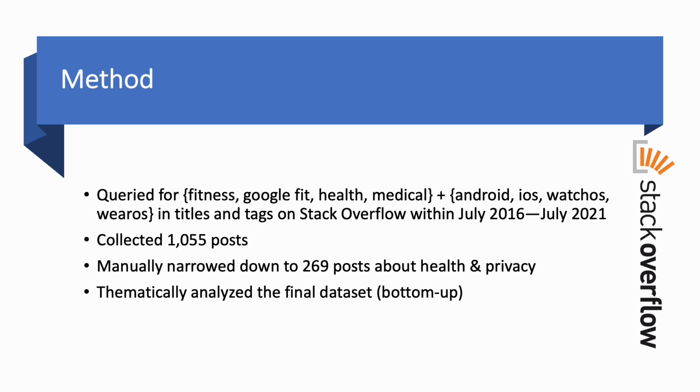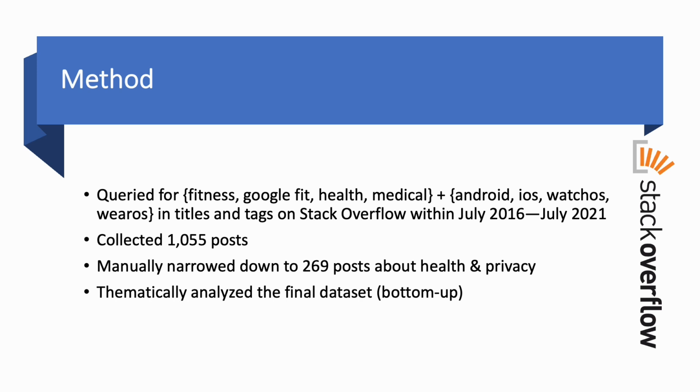To answer our research questions, we queried Stack Overflow for any posts that included fitness, Google Fit, health, medical, and Android, iOS, watchOS, and Wear OS, specifically in titles and tags from 2016 to 2021. We collected 1,055 posts in total, and then manually narrowed this down to 269 posts that were specifically about health and privacy.